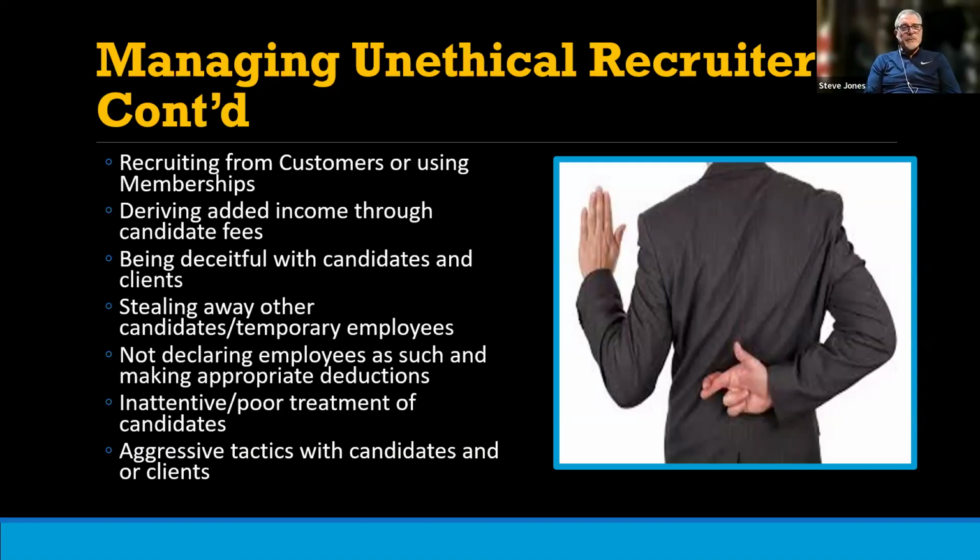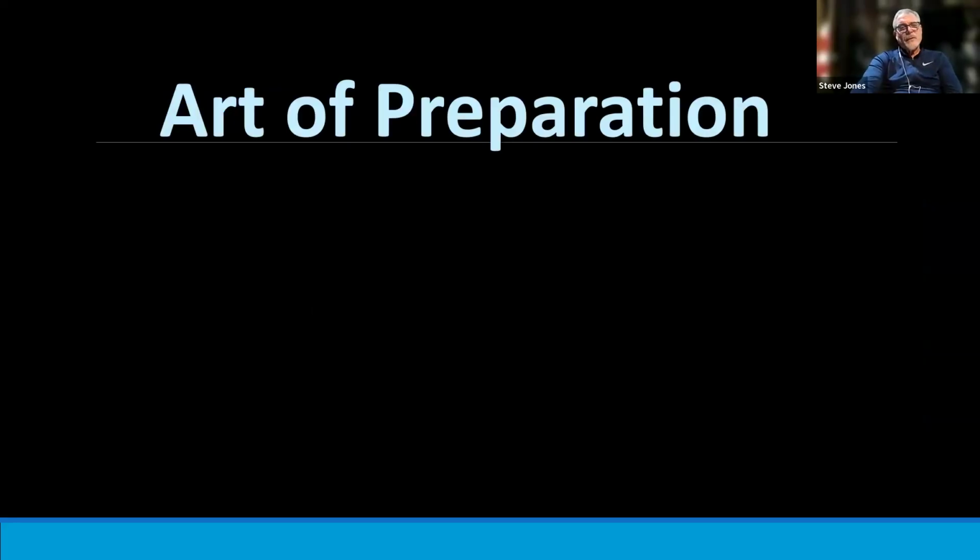Things like recruiting from our customers, using our memberships and access to derive income through charging fees to candidates and to employees, being deceitful with candidates about clients and about their reputation and about their work environment and about their jobs, stealing anything in any way, whether it's information or other things, not declaring employees appropriately as employees and treating them as independent contractors. Just aggressive, offensive tactics with employees. These are all things that we can do.